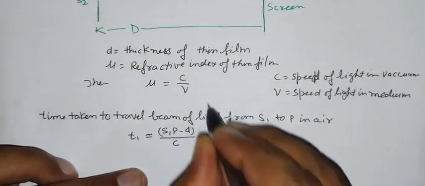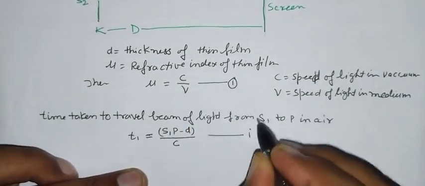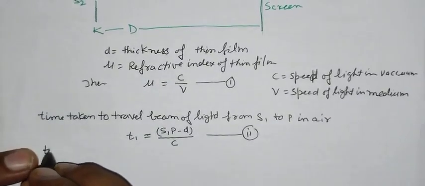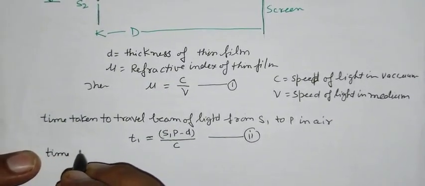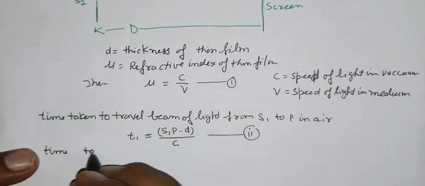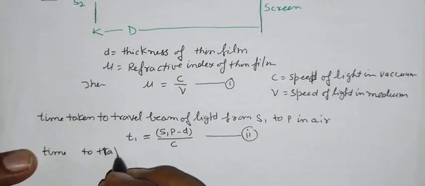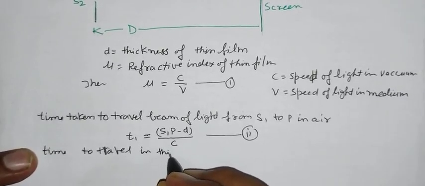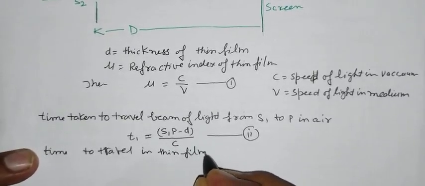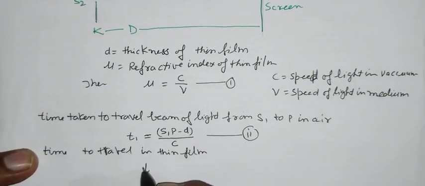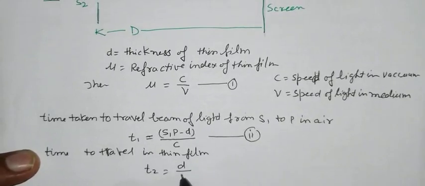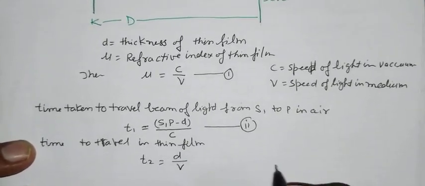Let this be equation number 1 and this is equation number 2. We are going to calculate the time to travel in the thin film. Let this time be t2, the distance traveled in it is d, and the speed is v.